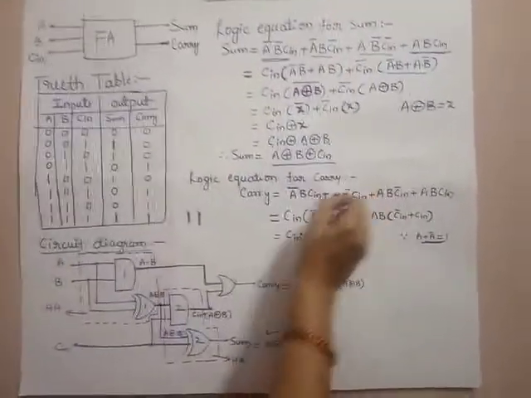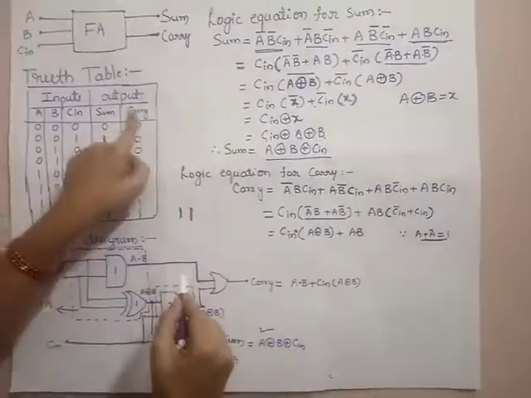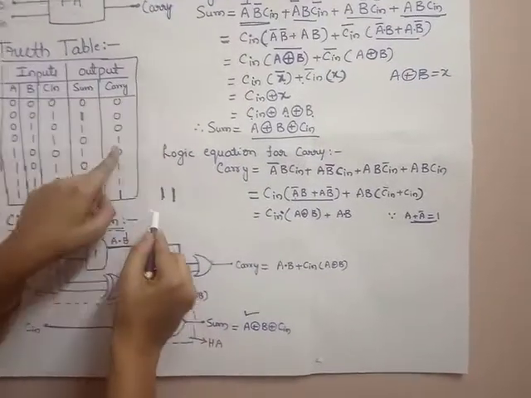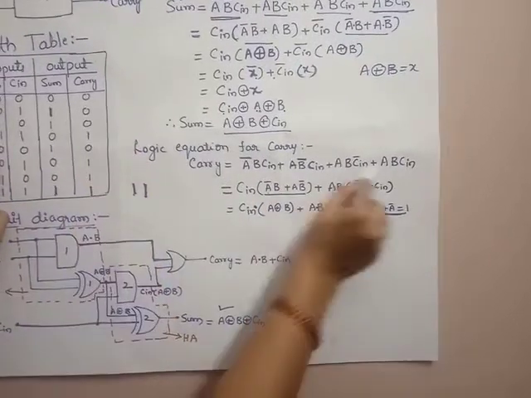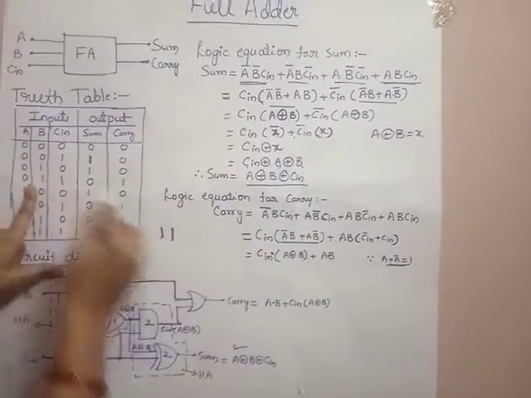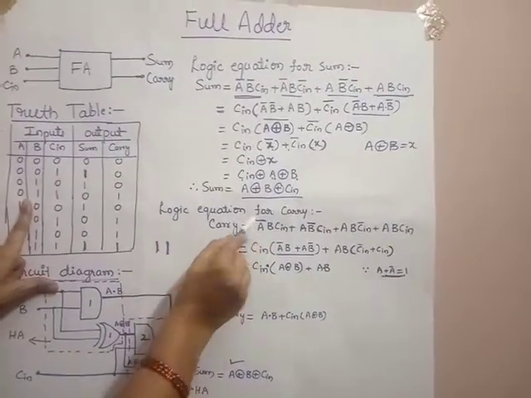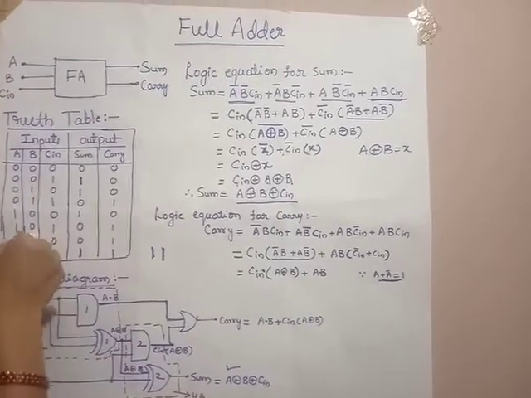The logic equation for carry can be written by observing the carry column. The carry column also has 4 ones. Wherever we have one, we have to write A B Cin, 4 times. Afterwards we will put bar on those where we are having zeros in the variables. So 0 1 1 means A has value 0, so we have to put bar on A. Next one is for 1 0 1, that means B must have bar.